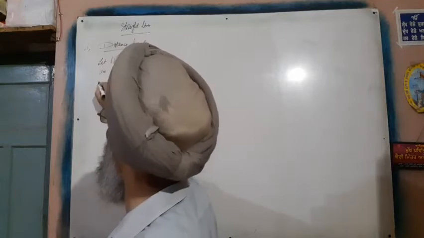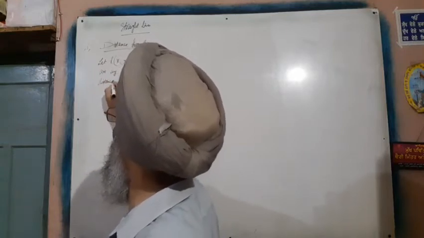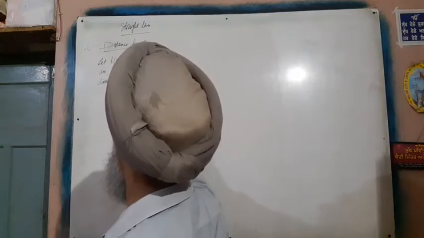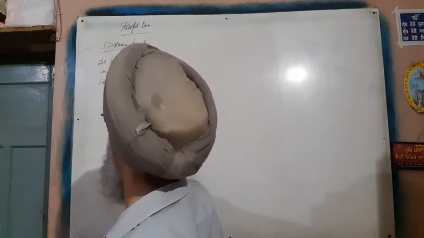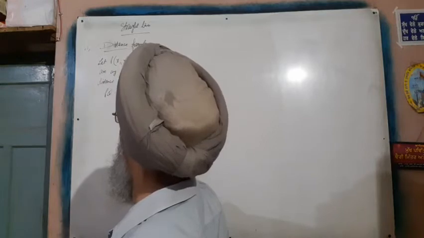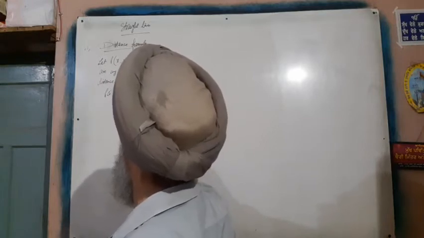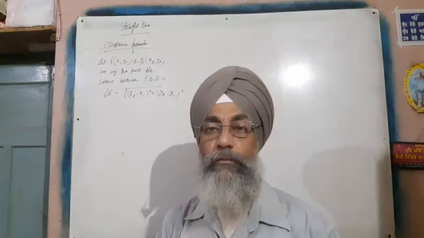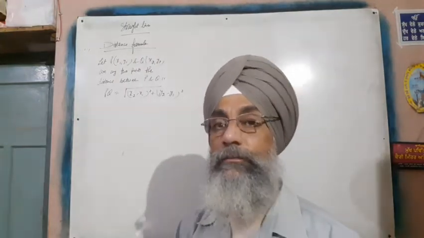Then the distance between P and Q is given by PQ equals the square root of (x2 minus x1) whole square plus (y2 minus y1) whole square, that we read in class 10th.